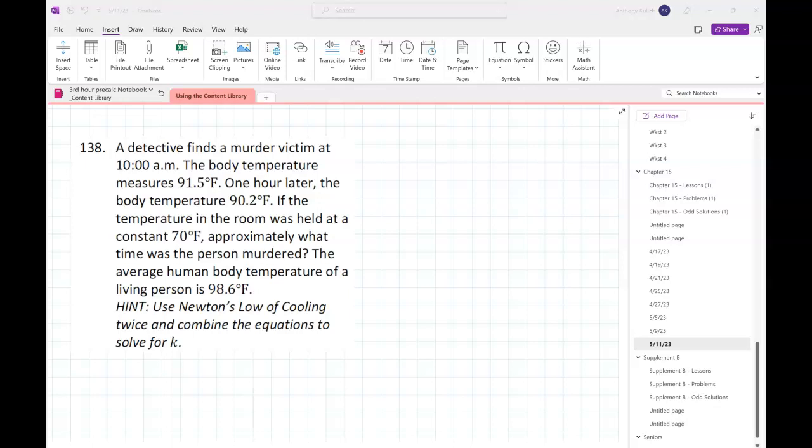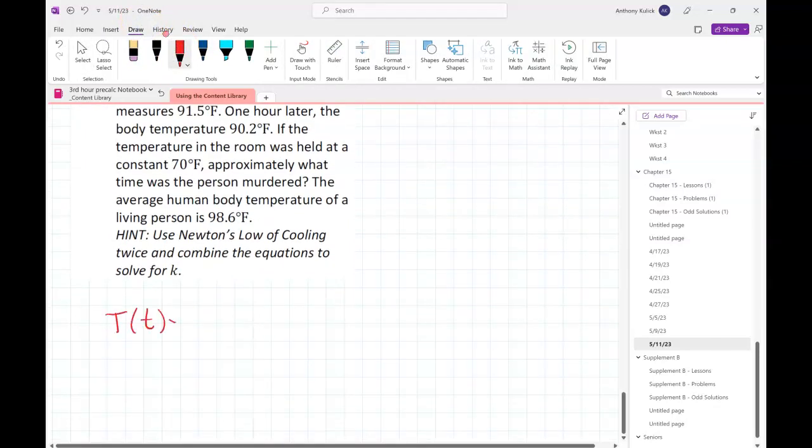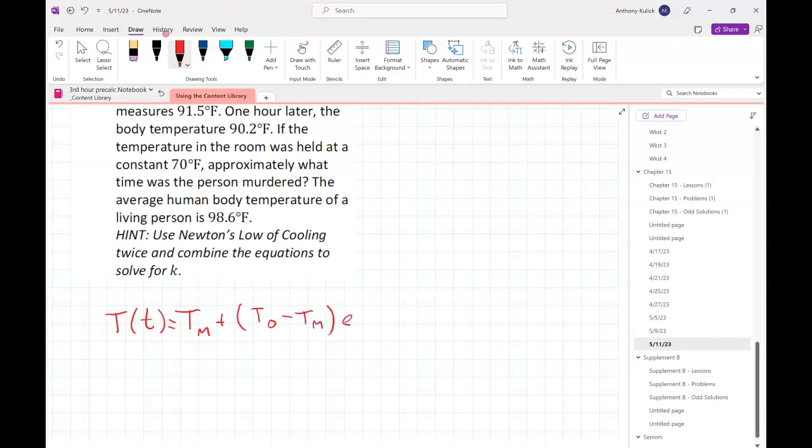So let's remember what Newton's law of cooling's equation was. I'm going to just look it up, because the last thing I want to do is goof up the equation. T of t equals T sub m plus (T naught minus T sub m) e to the negative kt.